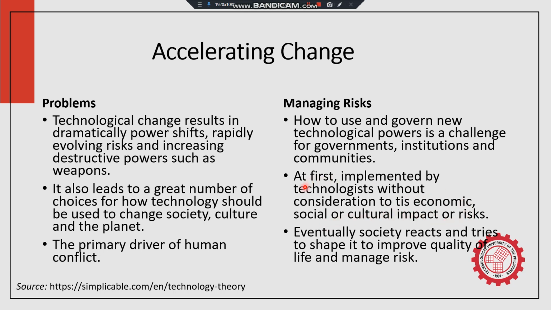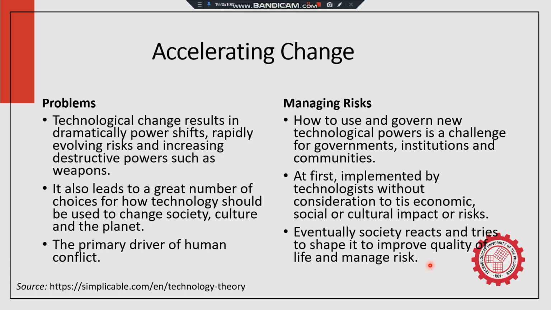Eventually, society reacts and tries to shape it to improve quality of life and manage risk. Even in our online classes, there are so many risks that have arisen.